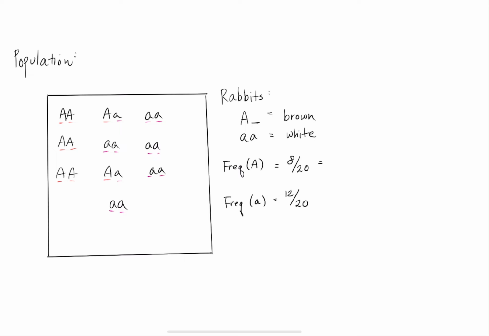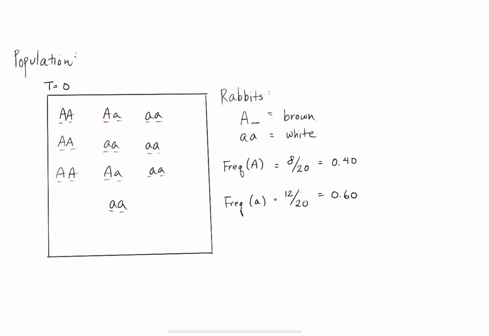This could be expressed as 0.40 or 0.60. All right, so this is the allele frequency of this population at a given time, time 0. All right, so this is important because remember that evolution happens across time.